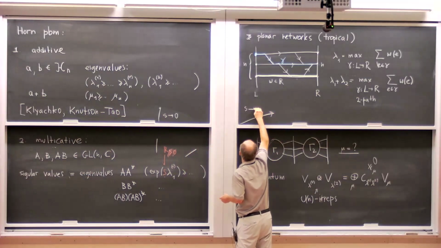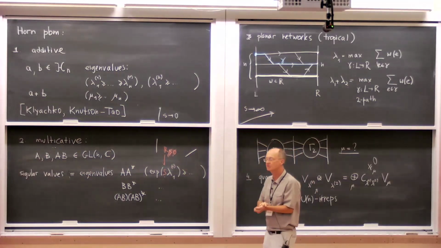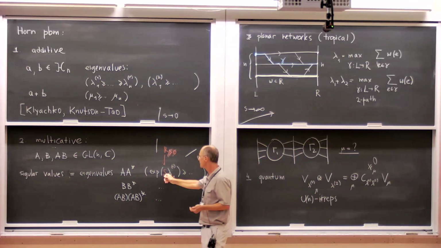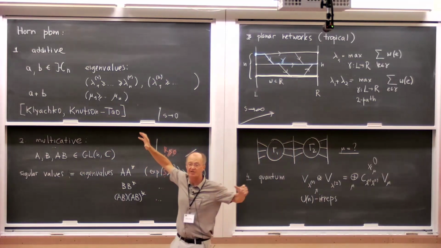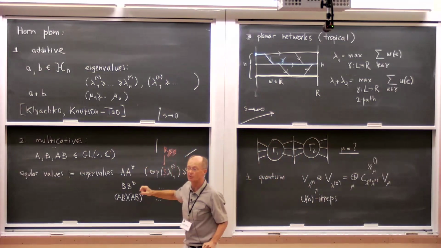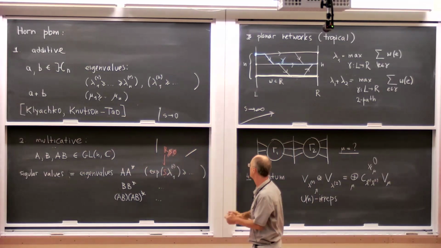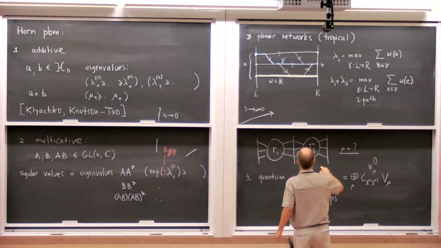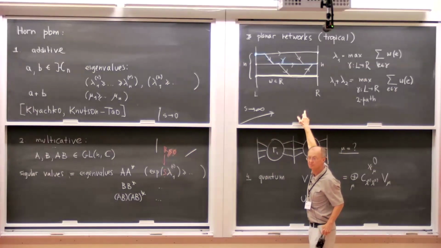It is maybe more difficult, but one can give arguments which would convince us that if you send s to infinity, if you consider those matrices with very, very big eigenvalues, very far from 1 in either direction of infinity or direction of 0, one can establish a relation to that planar network problem.